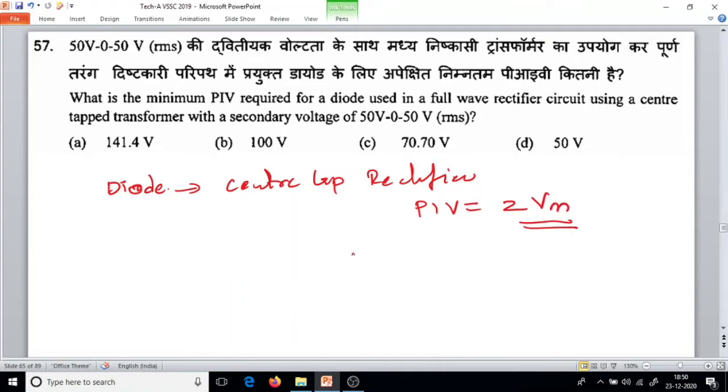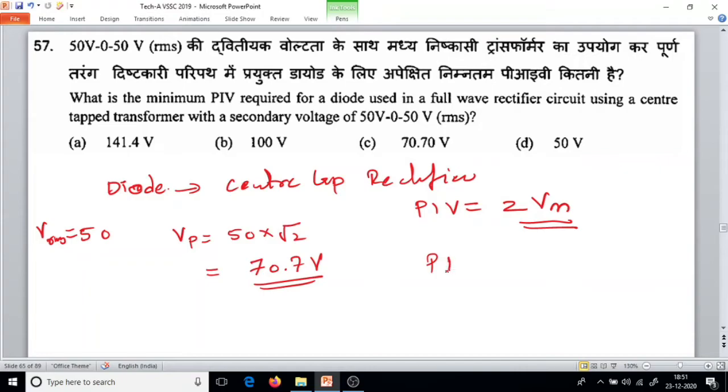Now here he has given an RMS value of 50. So Vrms equals 50 volts, and we have to find the V peak. V peak equals 50 multiplied by root 2, which comes to 70.7 volt.